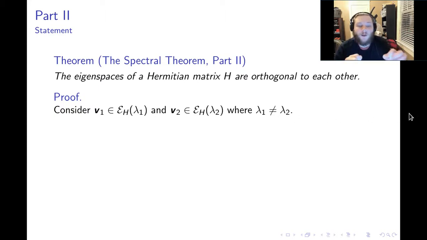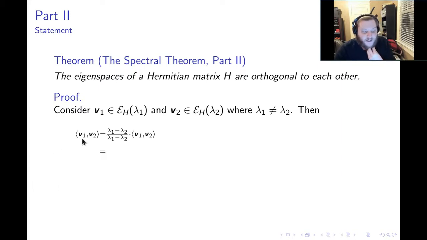Our goal here is to argue that this arbitrary choice of 2 eigenvectors coming from 2 different eigenspaces are orthogonal to one another. So to argue that those 2 vectors are orthogonal, let's look at their inner product, v1 with v2. We're going to use a trick that's quite common in math: we're going to multiply this inner product by 1.